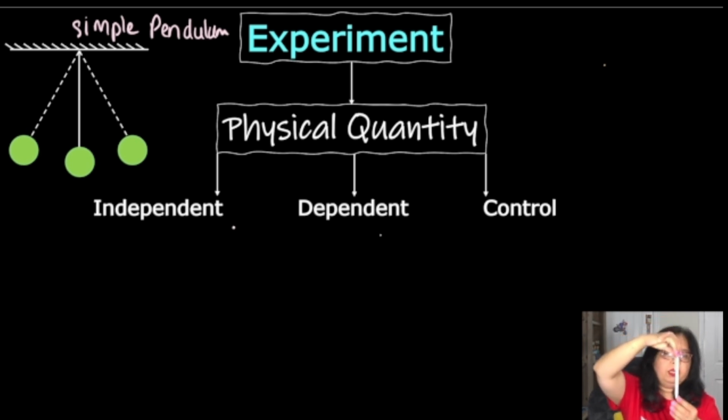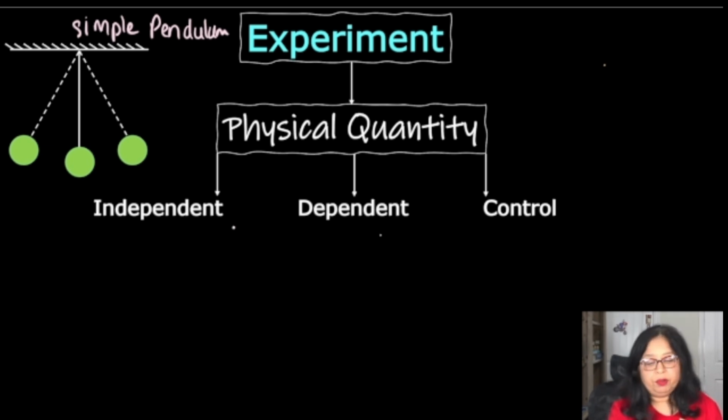And what is time period? Time period is the time it takes to go from one extreme to the other and come back. Or you can say that it's the time it takes to go from the equilibrium, from the middle position to the extreme, come back to the middle, go to the other extreme, and come back. The time taken to complete one cycle is its time period.